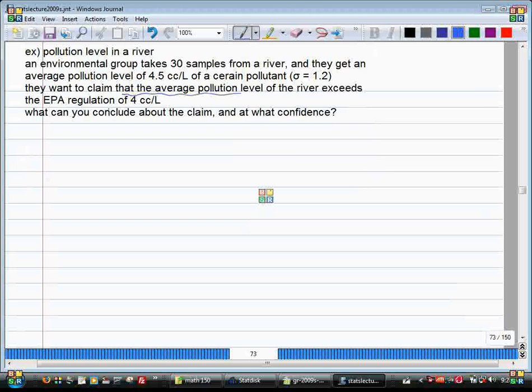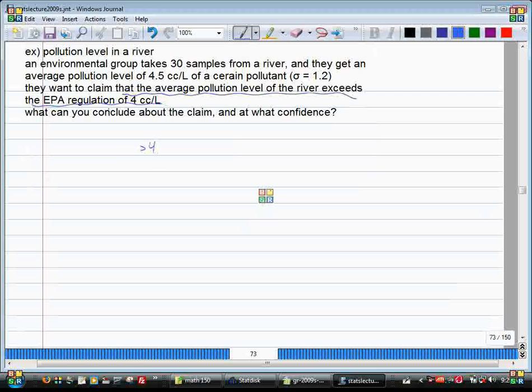There's the claim. Now how can we write that down in notation? Something is greater than 4. What's greater than 4? Yes, the average pollution level. Now how do we write that down in notation?